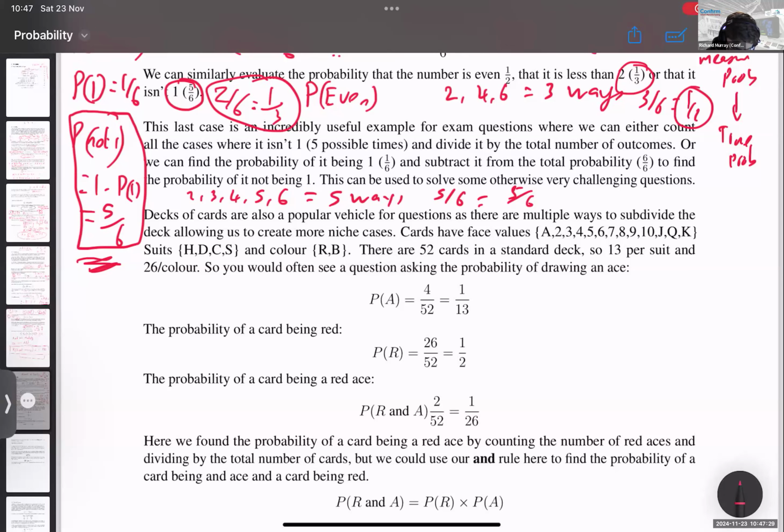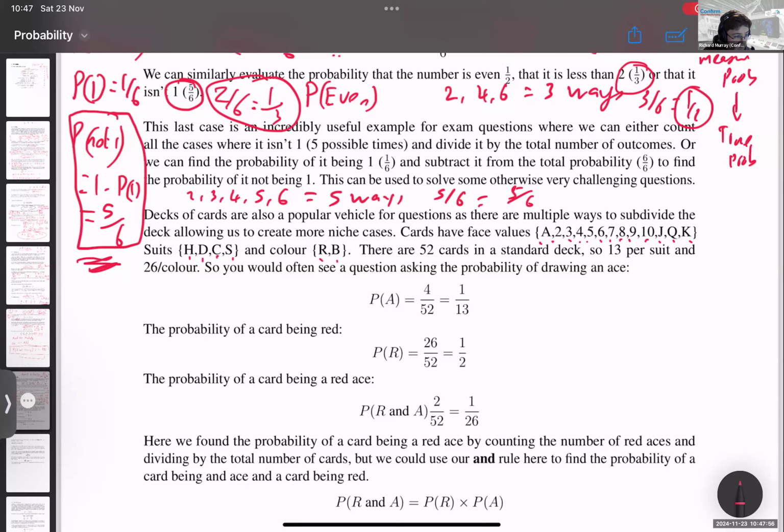In a deck of cards, you have 13 values: ace, 2, 3, 4, 5, 6, 7, 8, 9, 10, jack, queen, king. So you've got 2 through 10 plus the ace and then the jack, queen, king. You also have suits: hearts, diamonds, clubs, and spades. And you also have color of red or black.